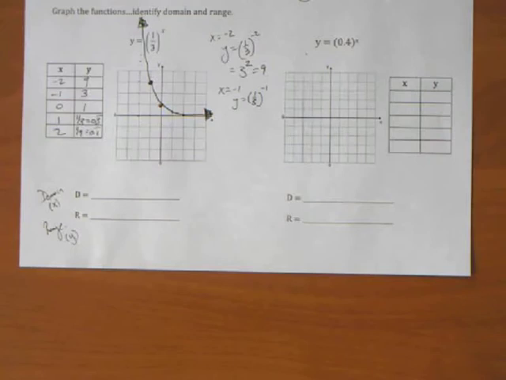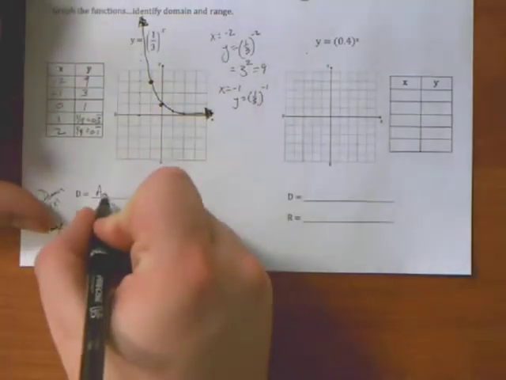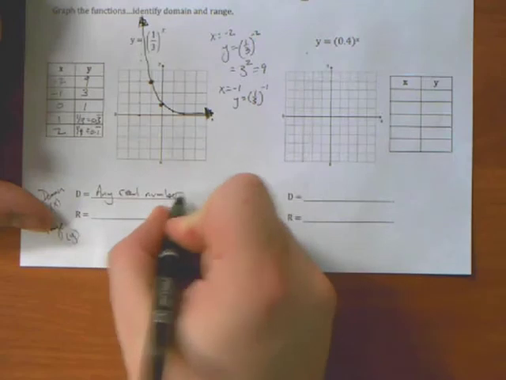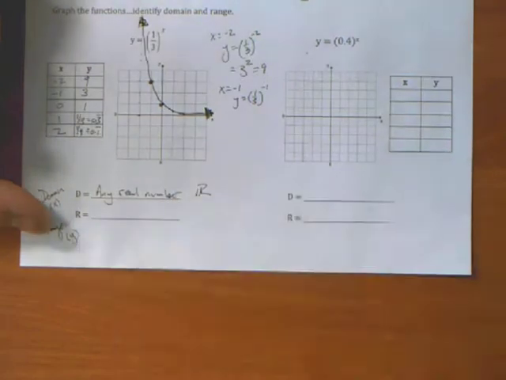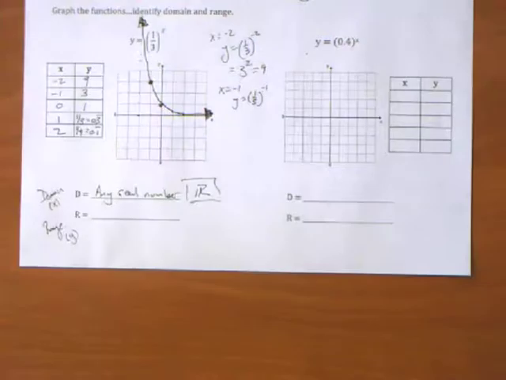So if you're allowed to choose any number whatsoever to plug in for X as that exponent, then your domain better be, which, if you remember, we had this kind of sweet fancy symbol for all real numbers, the set of all real numbers.